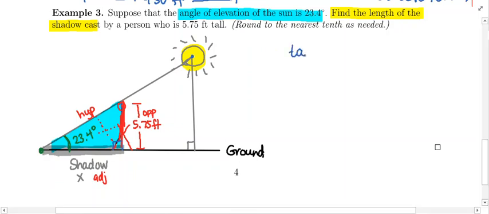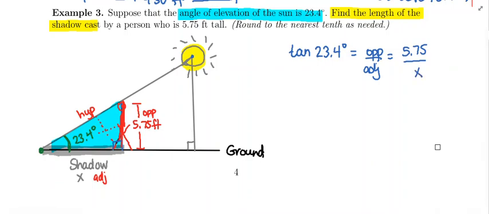We're going to say the tangent of our angle, 23.4 degrees, is equal to the opposite side over the adjacent. The opposite side measures 5.75 feet. The adjacent side is our unknown value x. So our trig ratio has been set up.